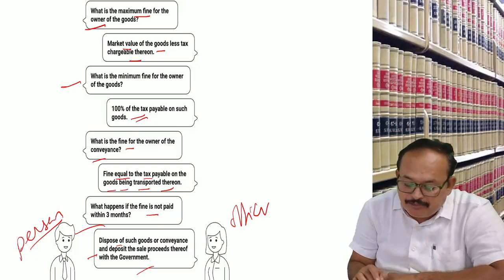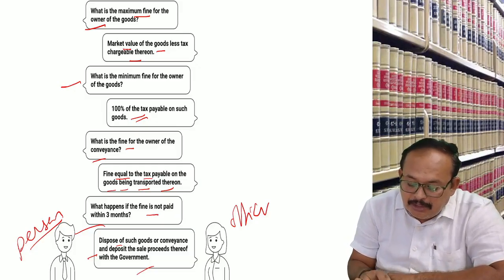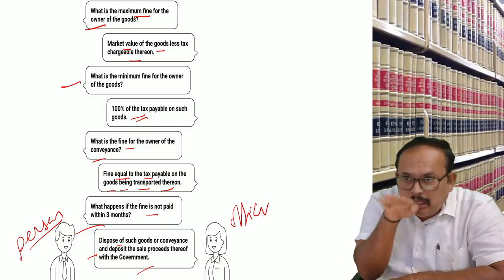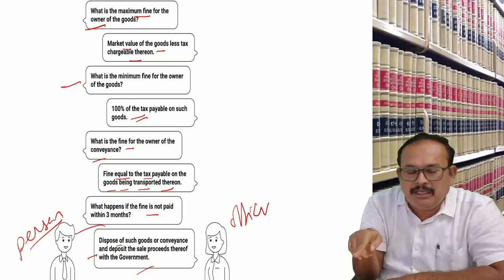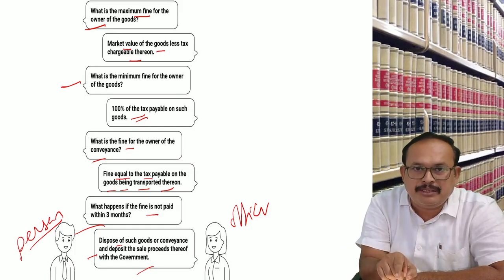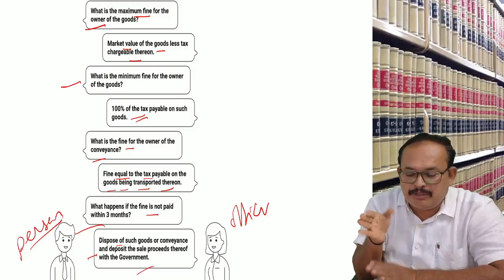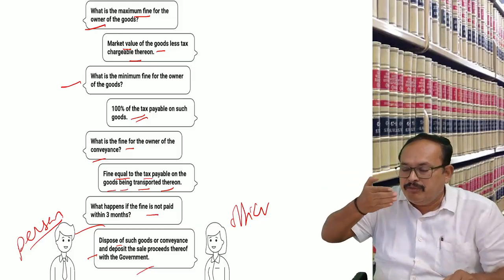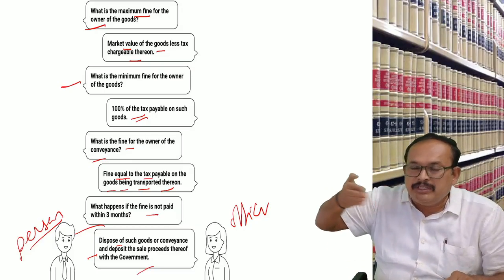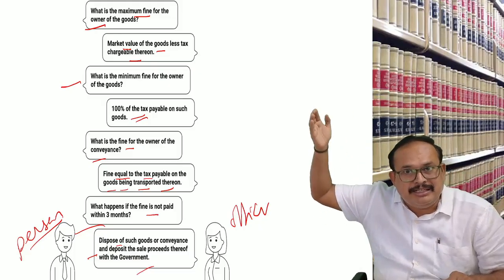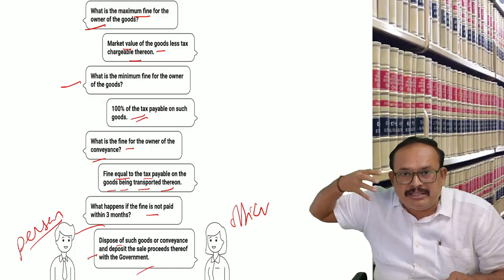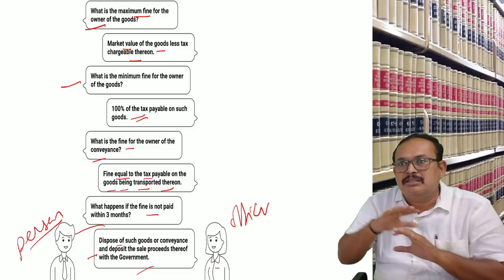The problem here is as follows. With this problem, I will conclude, because at 1:30 there is a lunch break and you have to go for lunch. I will do one problem and complete. Thereafter, we are going to refer to Sections 132, 135, 138. These are major sections. If I cover those, this syllabus will get over.